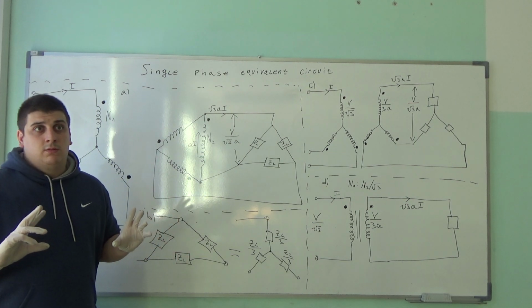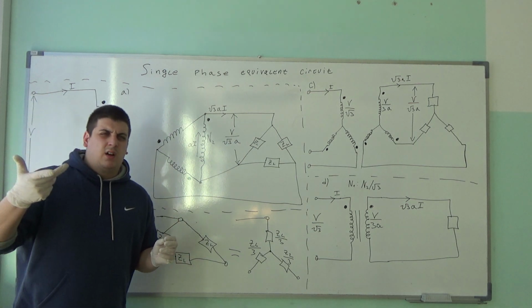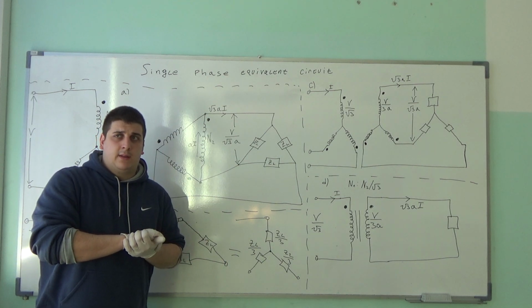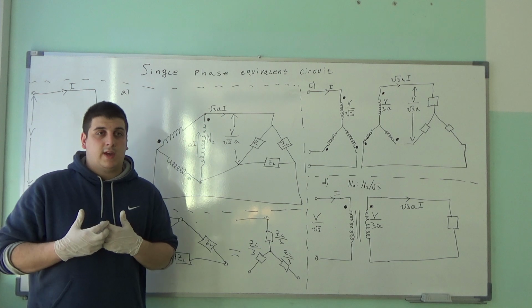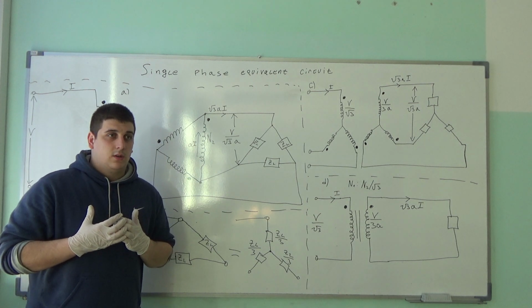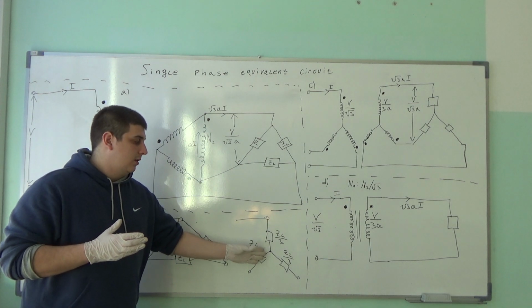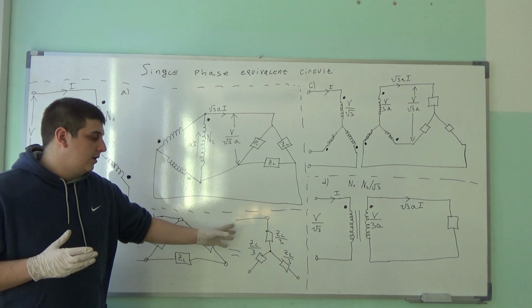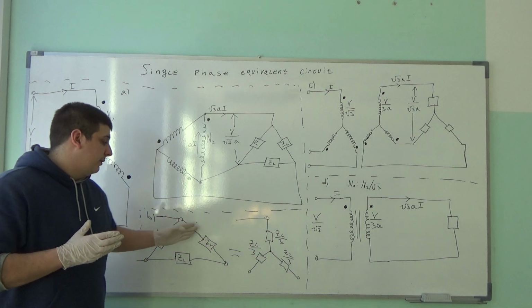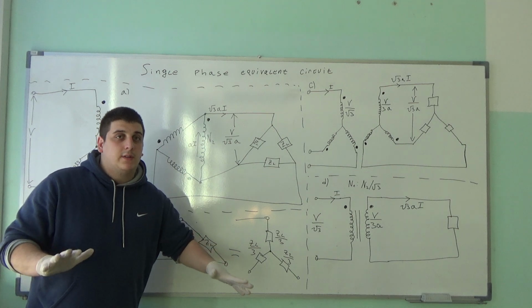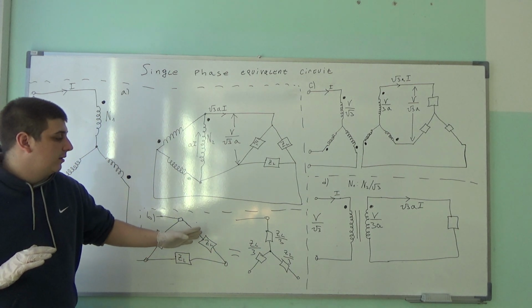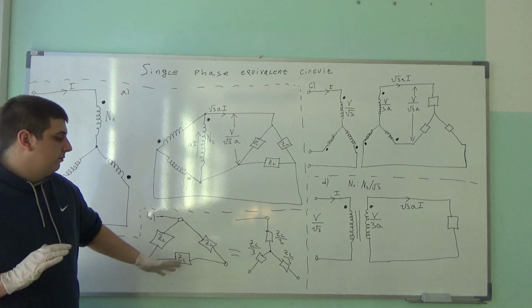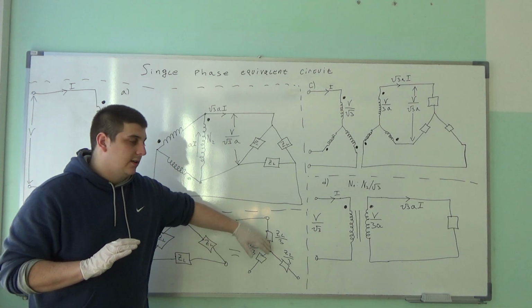That's hypothetical, but it is true. If you want this and this to be the same thing, then this is equal to this and this is equal to this. I hope that is understandable for you. And the loads from the delta side are connected.